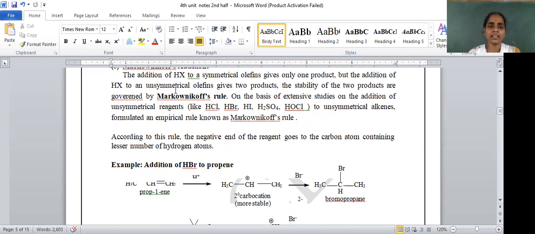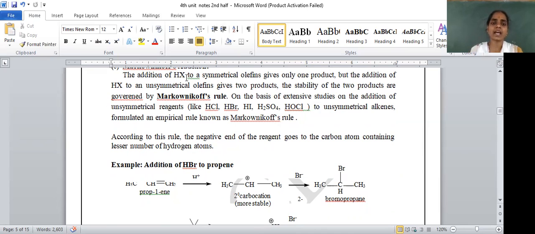So how can we see, from the two products, which is the stable one? By following the Markovnikov rule, we can say which is the stable one and which is the less stable one. So what is this Markovnikov rule saying?